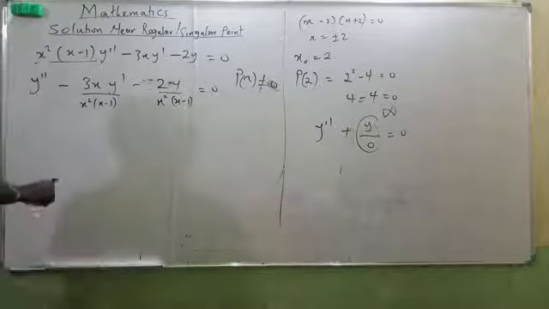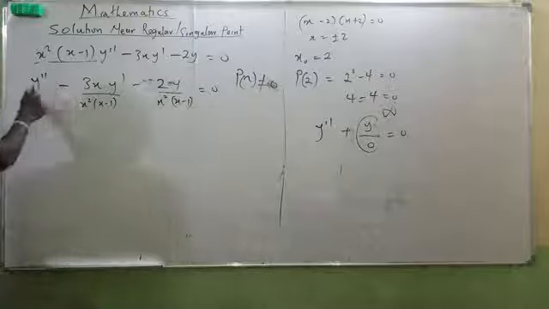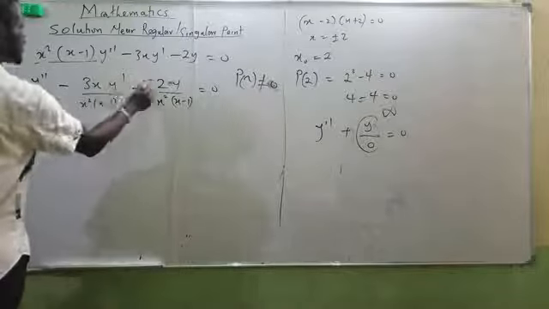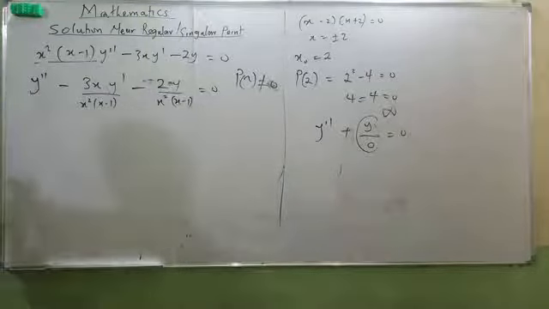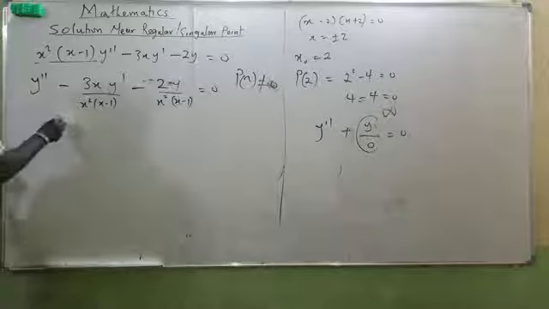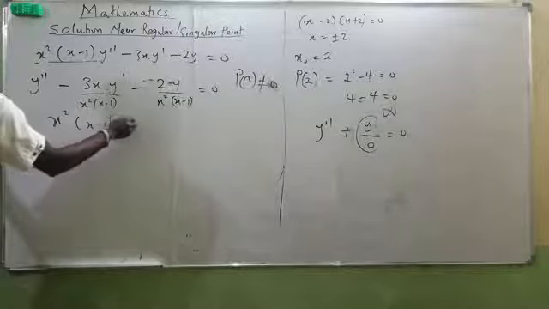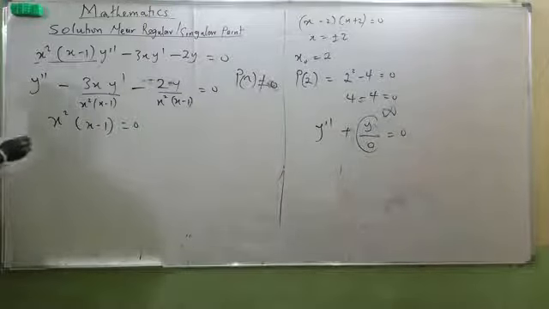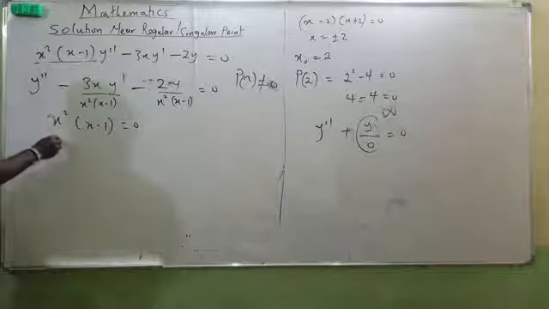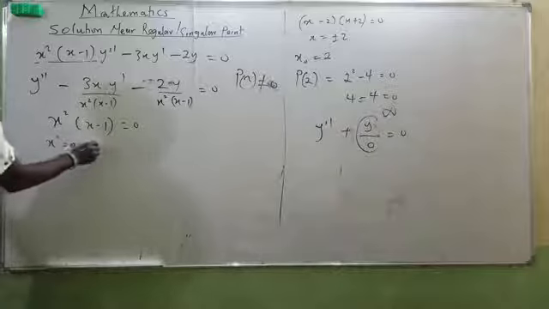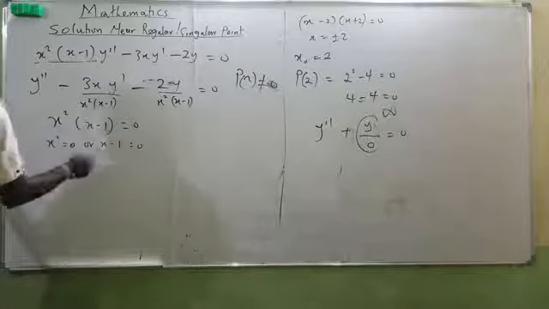Now let's try to check whether it's ordinary or not ordinary. Now look at this. My x squared bracket of x minus 1 is equal to 0. Now it means x squared equals 0, or x minus 1 equals 0.